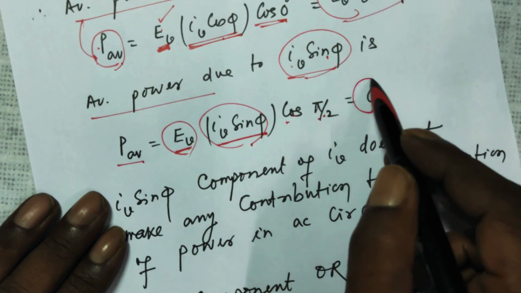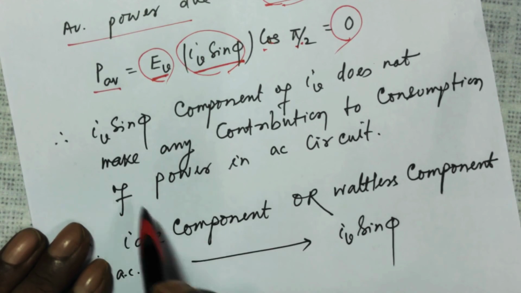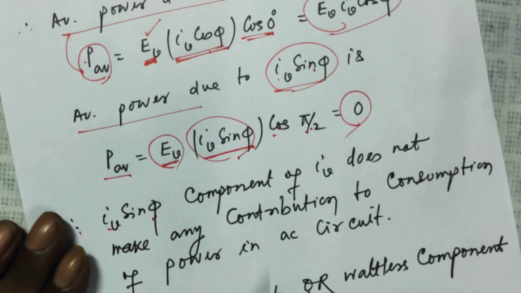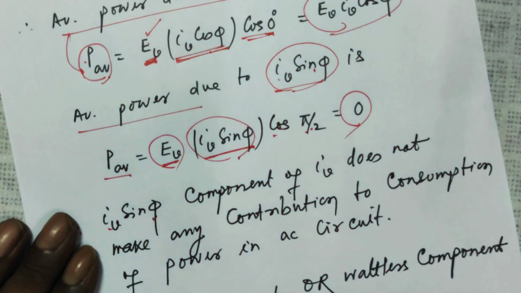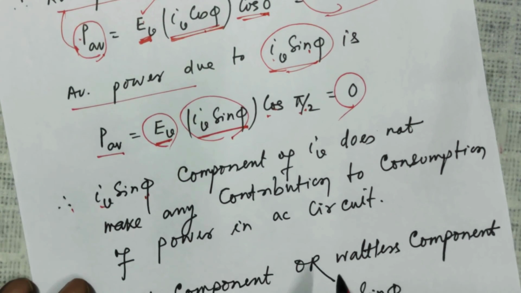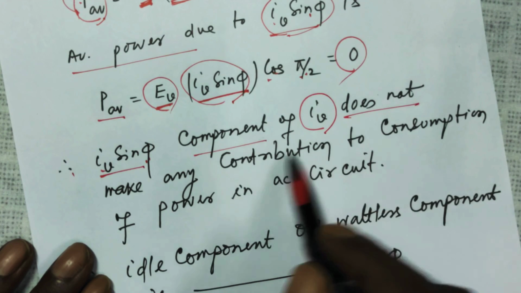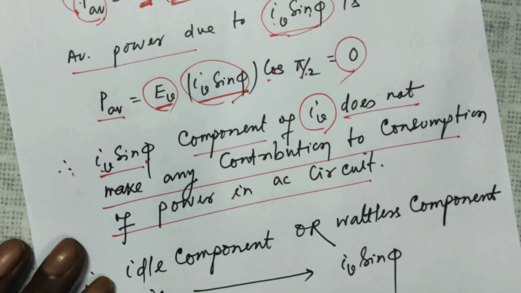Cos pi by 2 is 0, therefore it is 0. So what is the conclusion? Therefore, the IV sin phi component of IV, which makes an angle pi by 2, does not make any contribution to the consumption of power in a circuit, right?